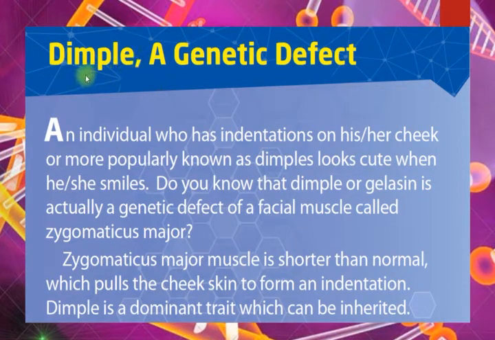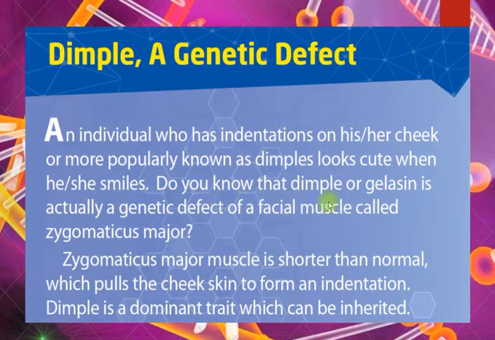Do you know what a dimple is? In Malay, it is lesung pipit. A dimple is a genetic defect. An individual who has an indentation on his or her cheek, more popularly known as dimples, looks cute when he or she smiles.